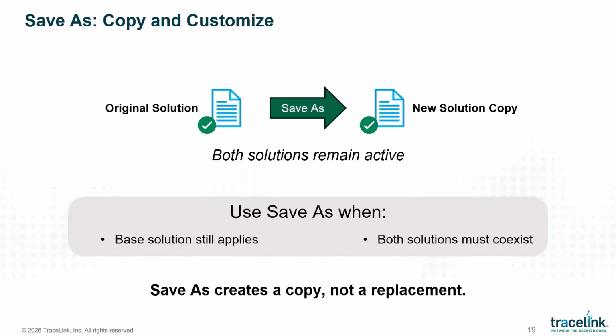The copied solution will remain closely aligned with the original. Save As should not be used when the new solution must evolve independently with its own lifecycle and long-term separation. Each additional copy requires ongoing maintenance. Before using Save As, Priya should consider whether the new solution will be managed separately over time. Just note the solution must be in release state, latest version, before using Save As.